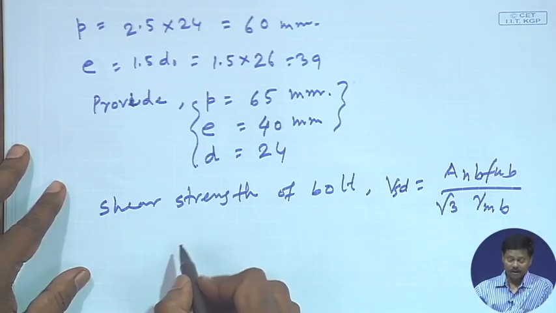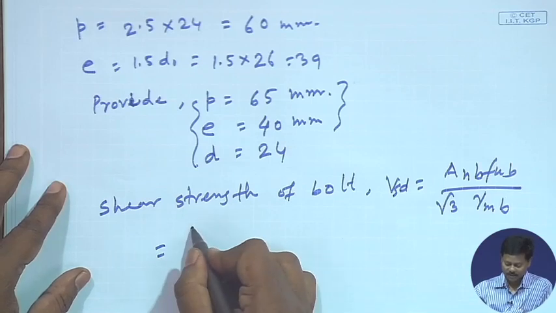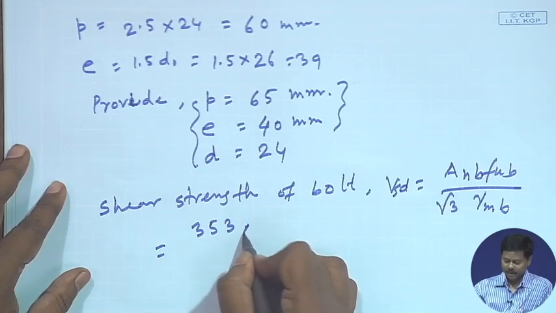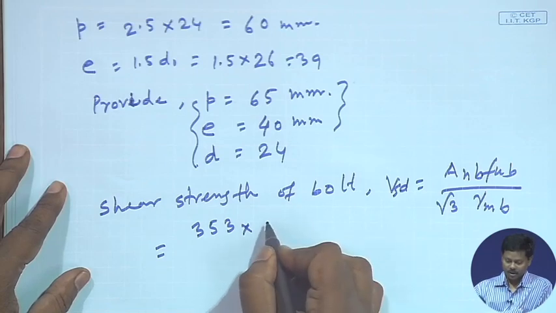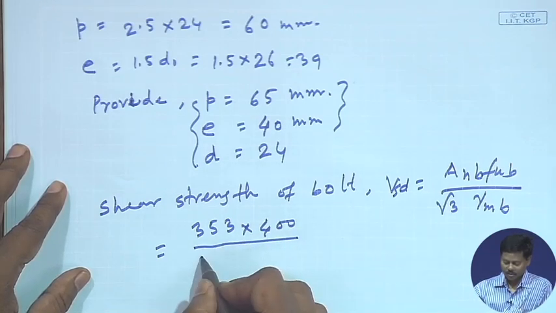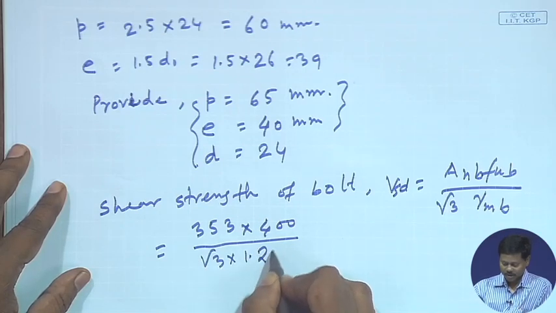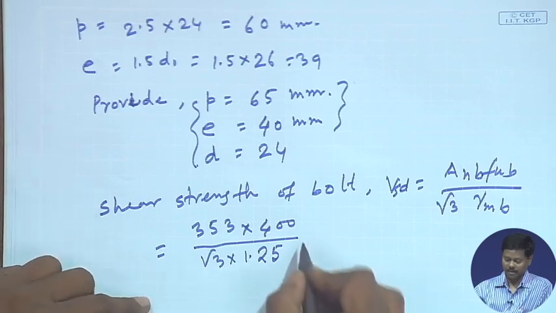If we provide those values, ANB we have calculated as 353 millimeter square, FUB is 400 Newton per millimeter square, and for root 3 into gamma MB, as per code provision gamma MB is 1.25.